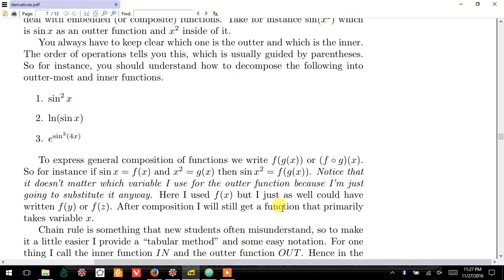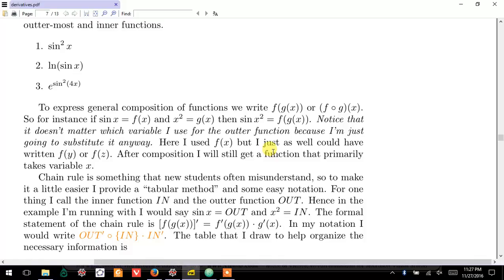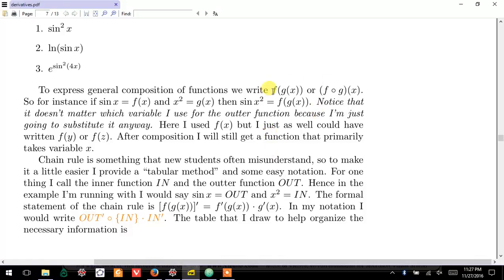So with that having been said, let's also just say a little bit more about notation. This is also how we write composition of functions or embedding of functions when we have these generic names for functions, f and g, or sometimes we write it with the little circ notation.